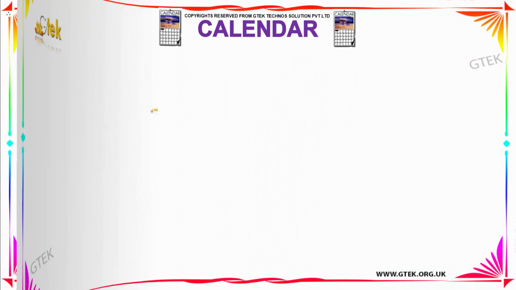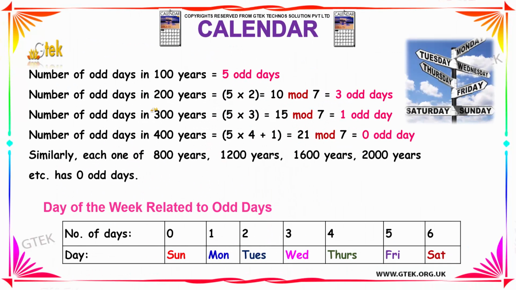Let us see some more calculations of the number of odd days. We have just now found that the number of odd days in 100 years is 5. So to calculate the number of odd days in 200 years, 5 into 2, which is nothing but 10. We have 10 odd days.